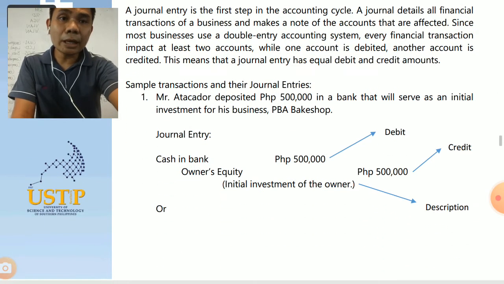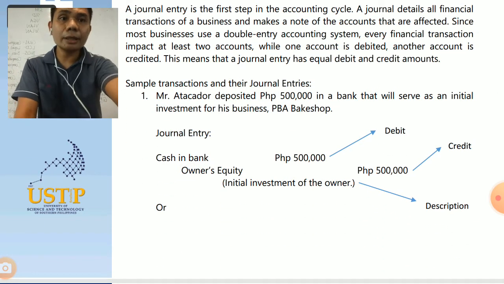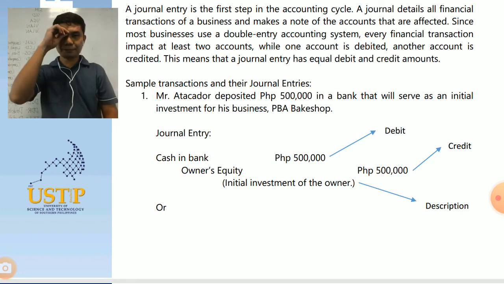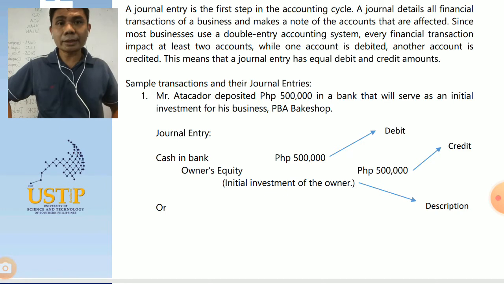So what is in a journal entry? Here is an example. The transaction is Mr. Atacador deposited 500,000 in a bank. That will serve as an initial investment for his business, PBA Bake Shop. So what increased in the business when he invested 500,000? Cash increased.